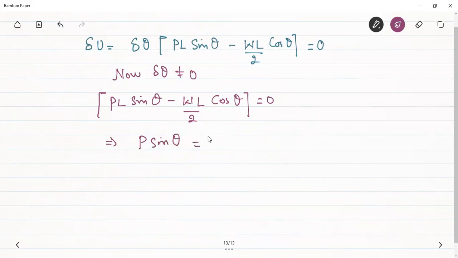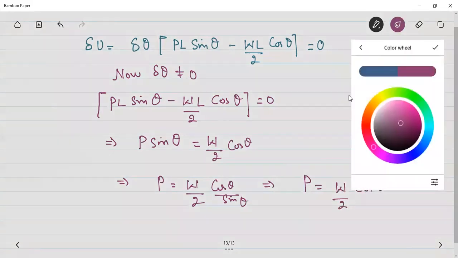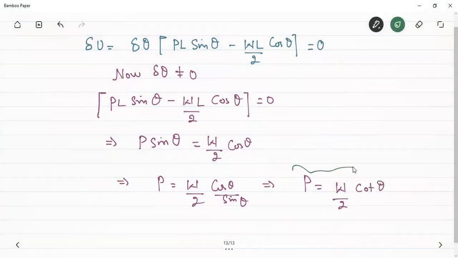P sine theta will be equal to W by 2 cos theta, which gives us that P is equal to W by 2 cos theta by sine theta, which gives us that P is equal to W by 2 cot theta. So this is the equation of the force. This gives us the magnitude of the force required to keep this rod in equilibrium.